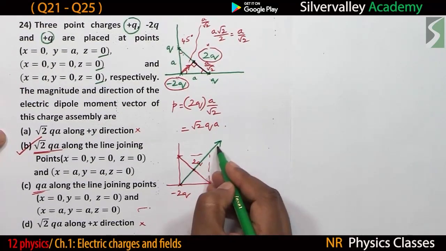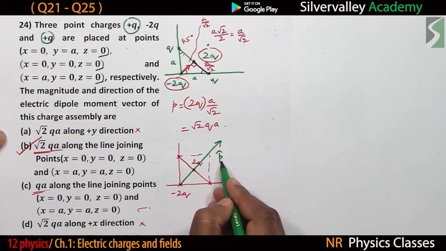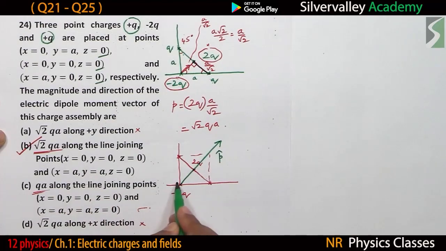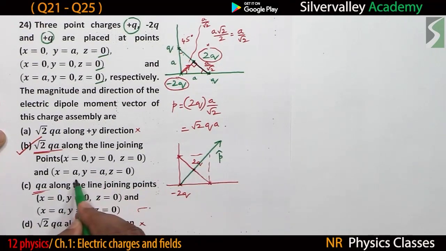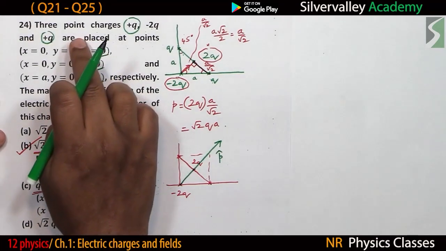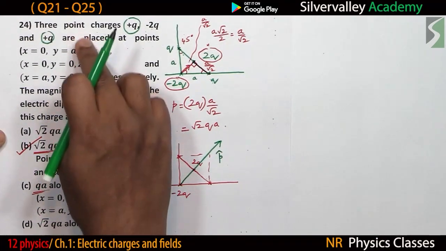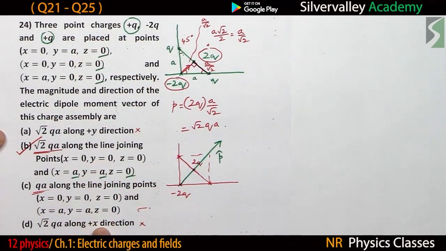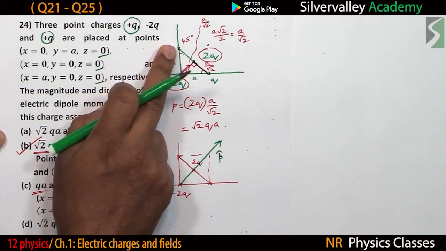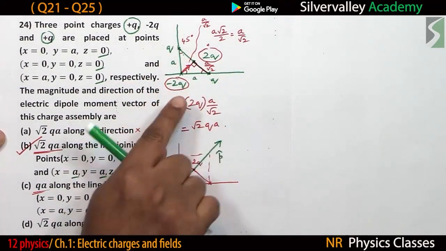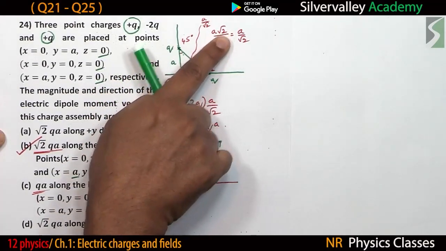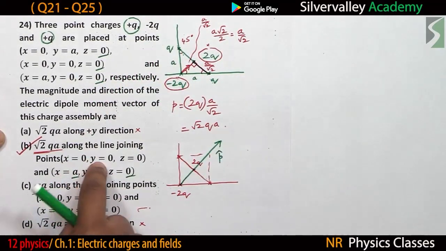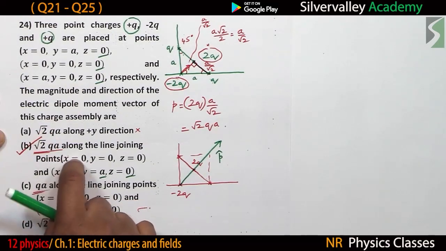See, this p cap is along 0, 0, 0 towards a, 0, a, 0. Therefore, this is the answer. Though it looks big and level 2 problem, it is actually a very easy problem. You have to find the center of charge of the q charges. Dipole moment is in this direction. Therefore, this is the answer.